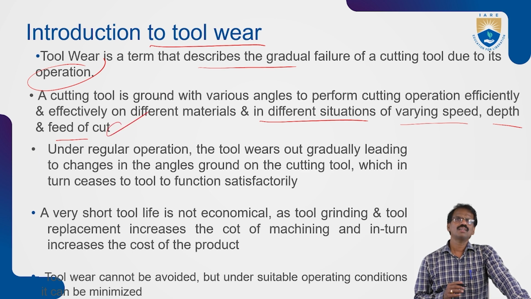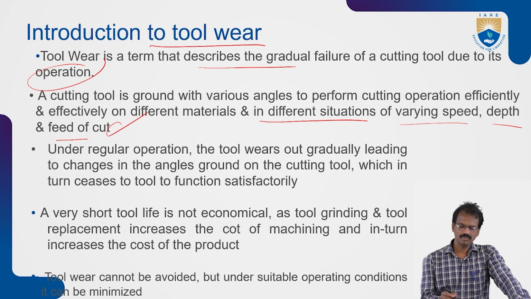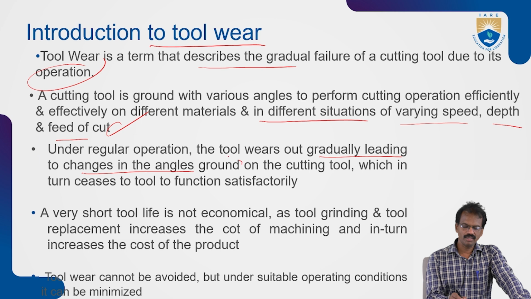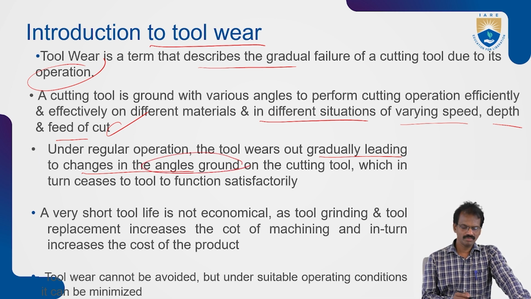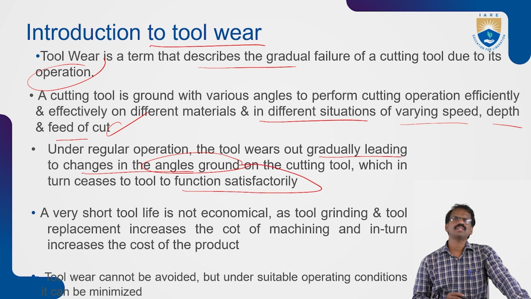Under a regular operation, the tool wears out gradually, leading to changes in the angles ground on the cutting tool, which in turn ends the tool's ability to function satisfactorily.